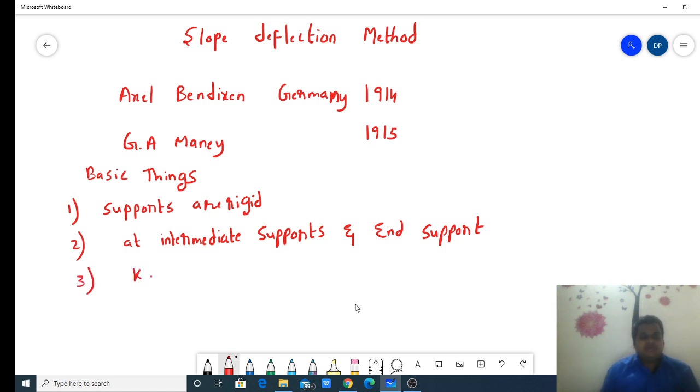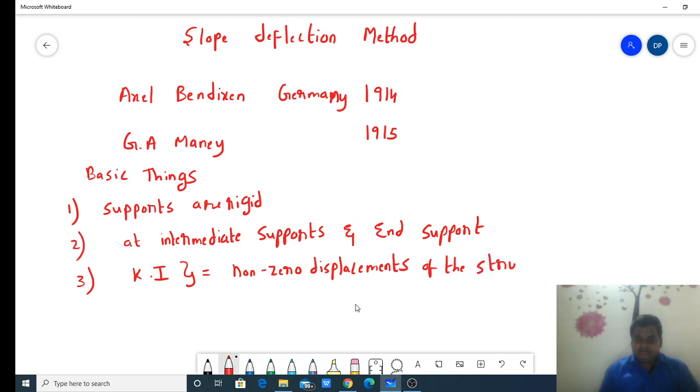And one more thing that comes into the picture here is the kinematic indeterminacy, right? Now what exactly do we mean by kinematic indeterminacy? It is defined as the number of non-zero displacements of the structure, right?